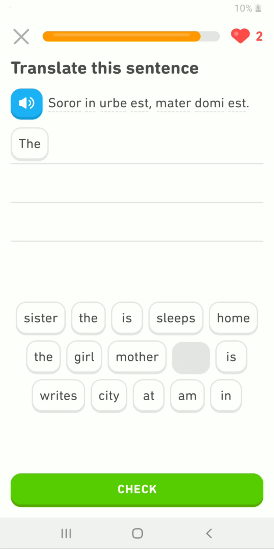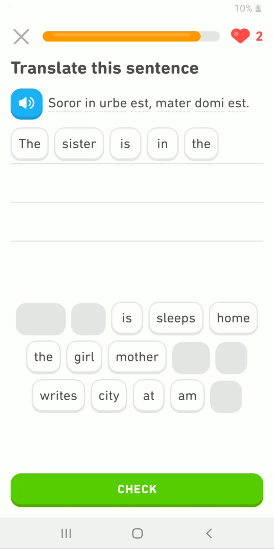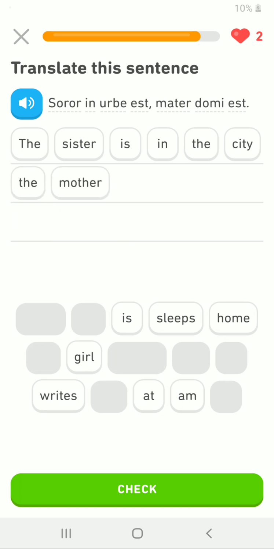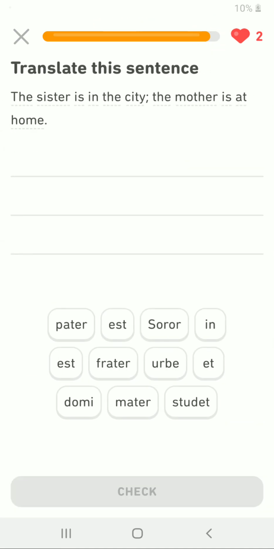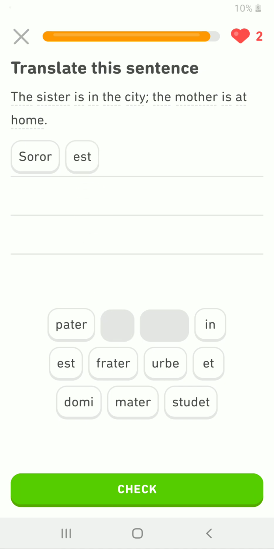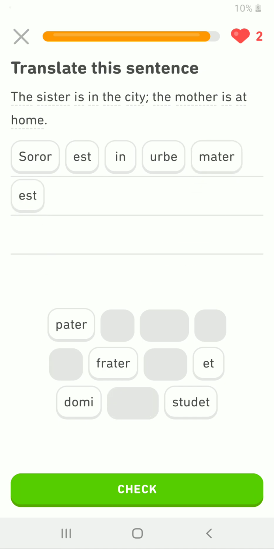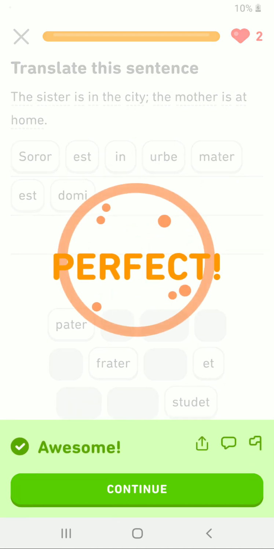So the sister is in the city, like we know, and the mother is at home. We know that. It's easy. And the sister, so soror est in urbe. Mater est domi. Very easy.